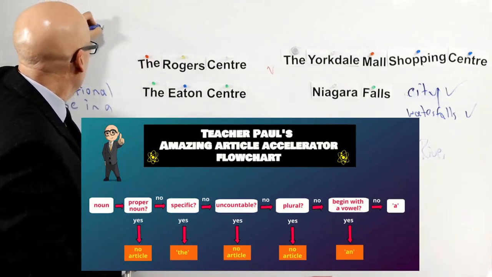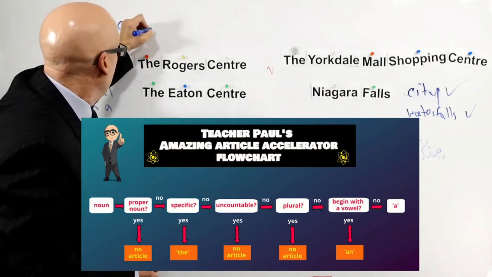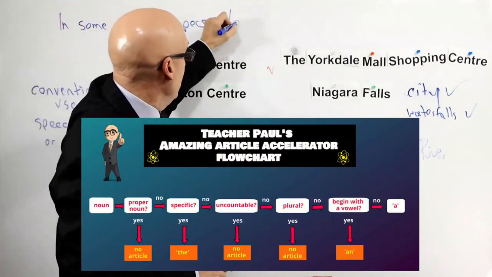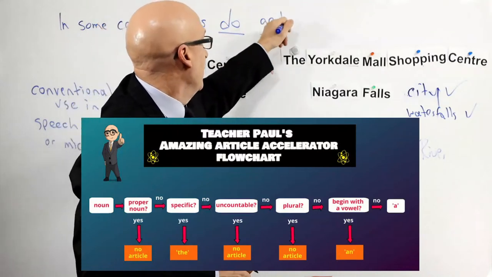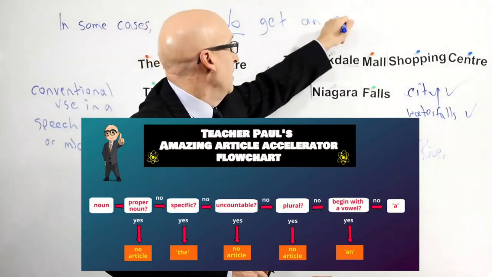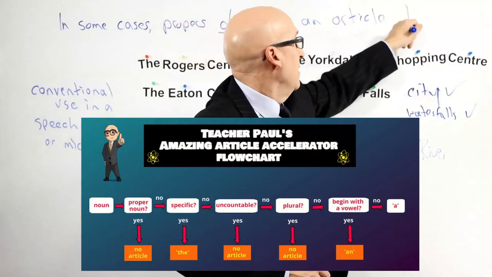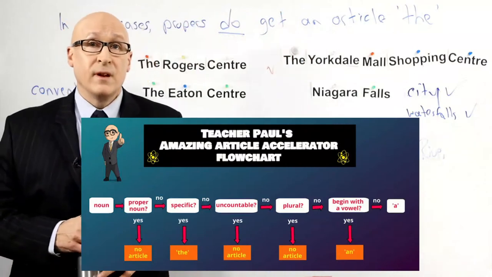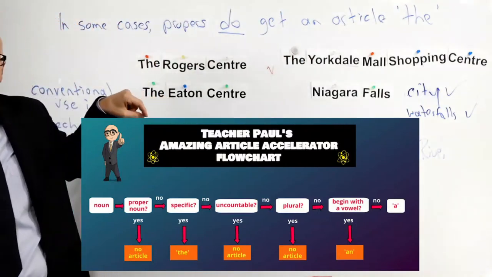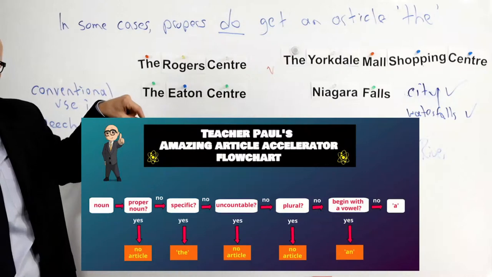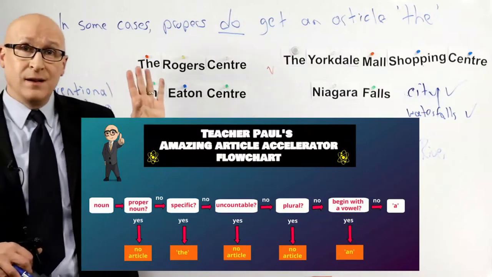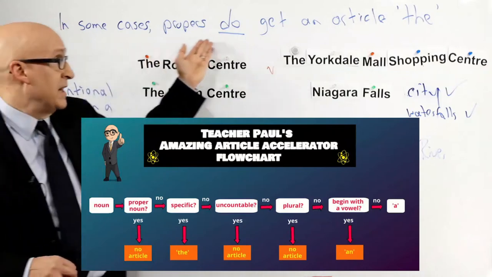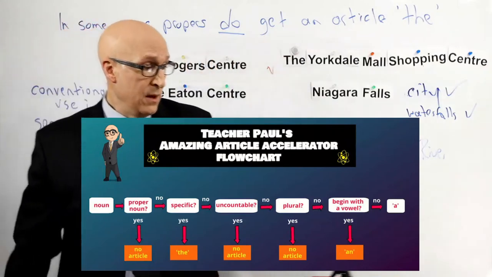In some cases, proper nouns do get an article, the. So here it says, is it a proper noun? Yes. Then no article. There are exceptions. In conventional use, some cases proper nouns do get an article, the.